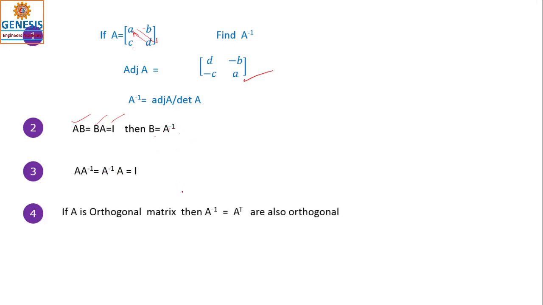These will be directly given as a problem with multiple choice options, such as both A and A transpose being symmetric. So this option is right without doing anything. If you know A inverse is equal to A transpose, then this is called an orthogonal matrix.